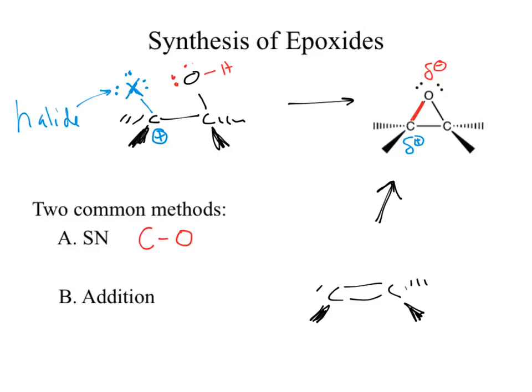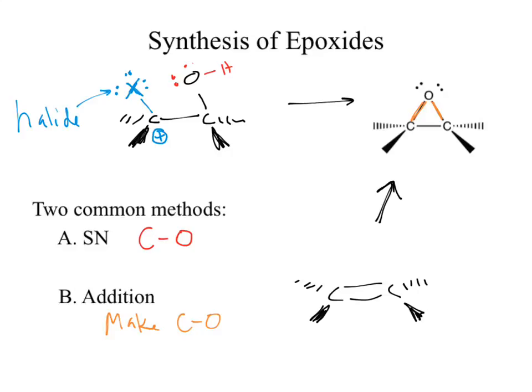Why would an alkene be particularly reactive, or a good idea in this case? How many bonds need to be made when we react with our alkene? 2. If we take a look at our epoxide, how many bonds would we need to make, or break to go in the reverse? 2. Which means we need both of those carbons to be potentially reactive.